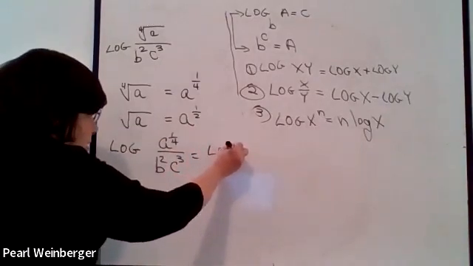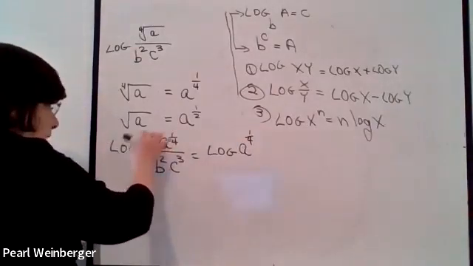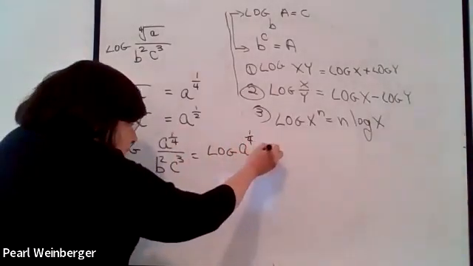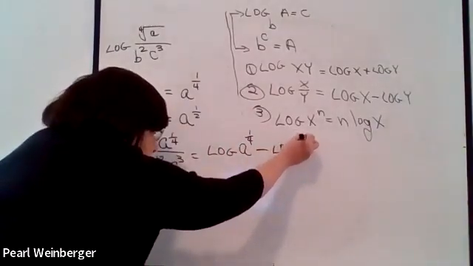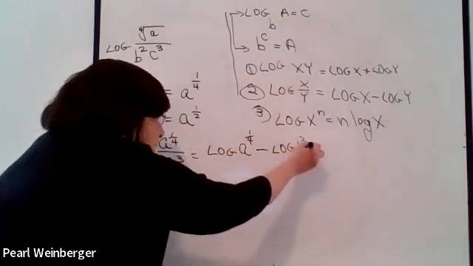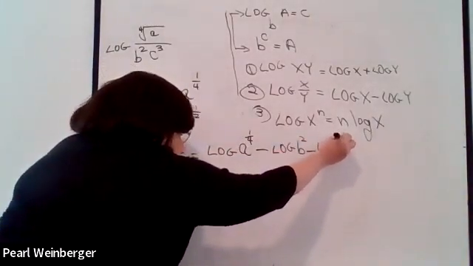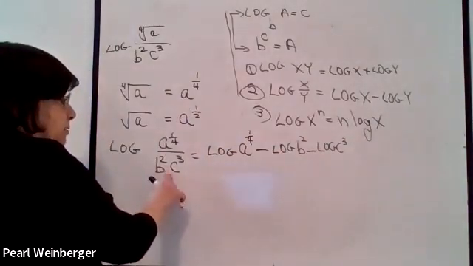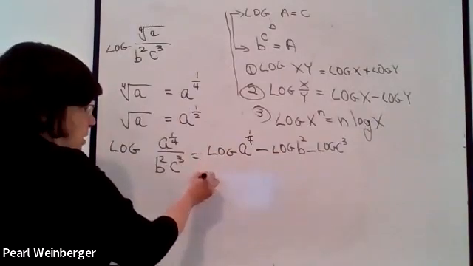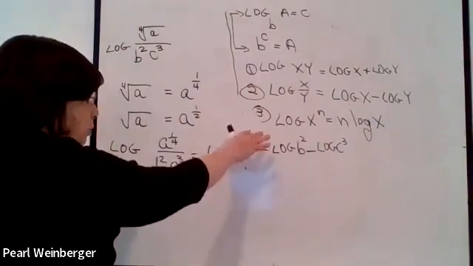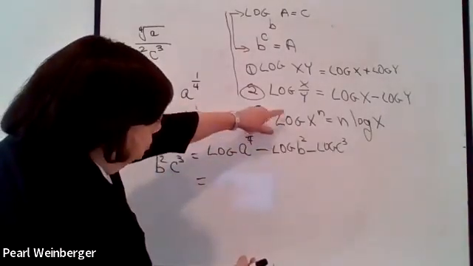We're going to have log of a to the 1/4, because that's on the top, it's positive, minus the log of b squared, and also minus the log of c to the 3rd. This is also a minus because it's also in the denominator. And now I'm just going to go back and take all the exponents and make them into coefficients.